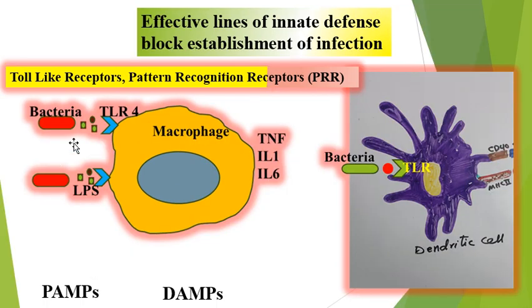As can be seen here, these are toll-like receptors on the surface of these cells, and they are known as pattern recognition receptors. They recognize pathogen associated molecular patterns.